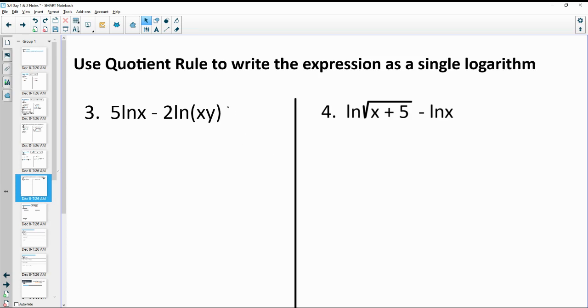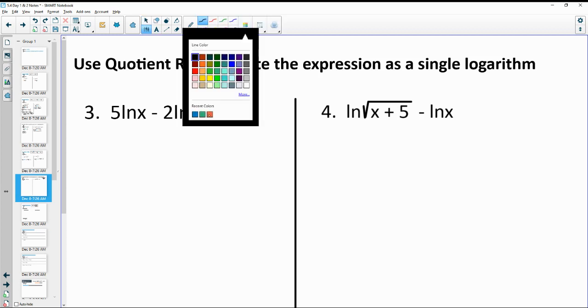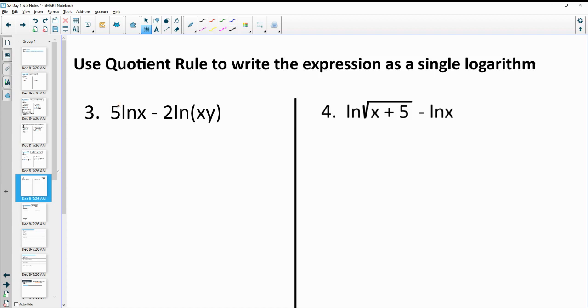Then we can do this backwards again by using multiple rules here. So we're going to have quite a few rules that we see here because we see this 5 out front. Okay, and then we see the x on the inside, and we see this 2 out front here, and we see the xy inside. So first thing we're going to do is the power rule to bring these exponents back up.